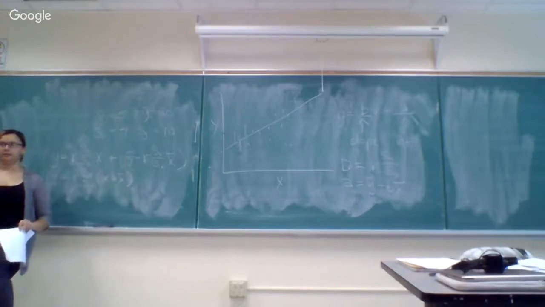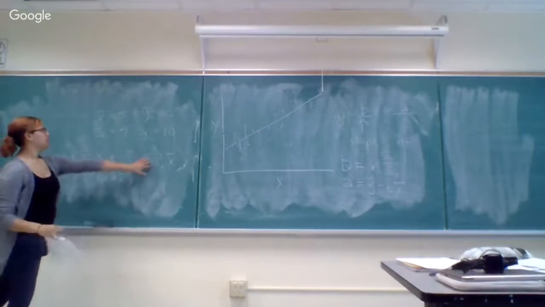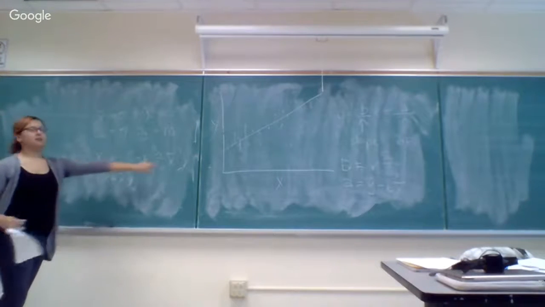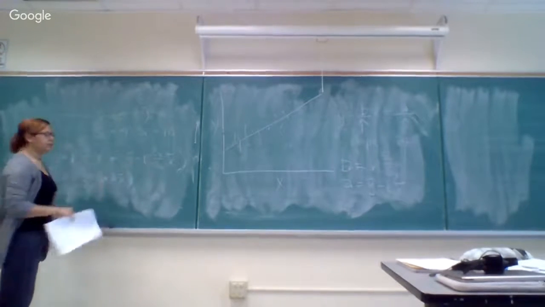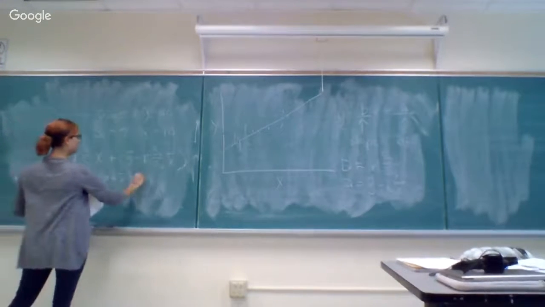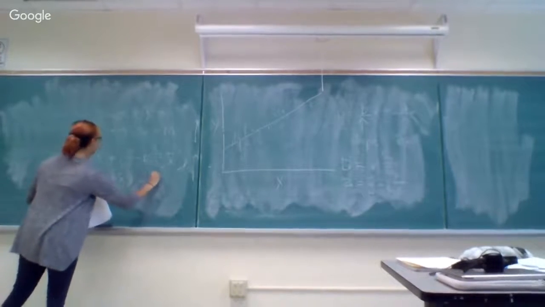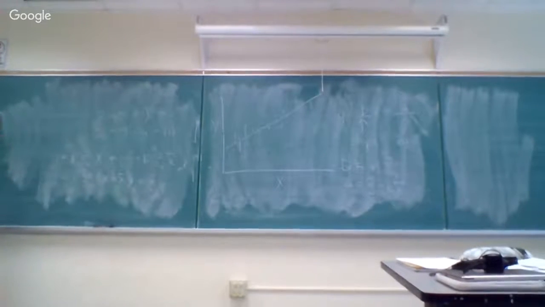You see what I did there? I pulled out this r and then I had x minus that. Right? Good. Plus y bar. Does this make sense? A little bit?